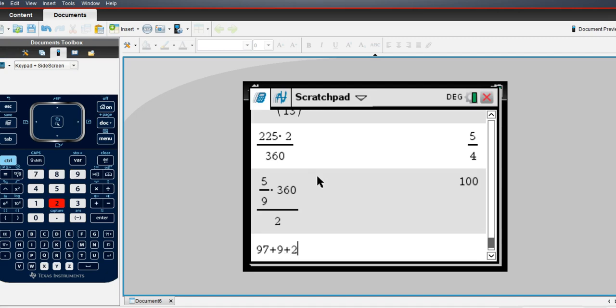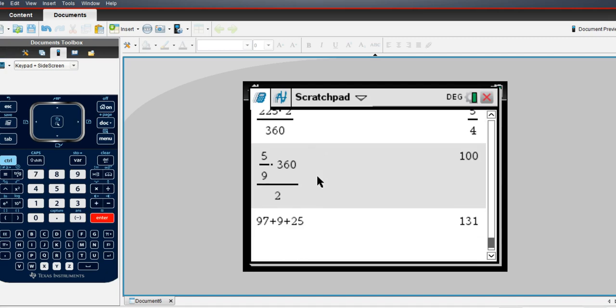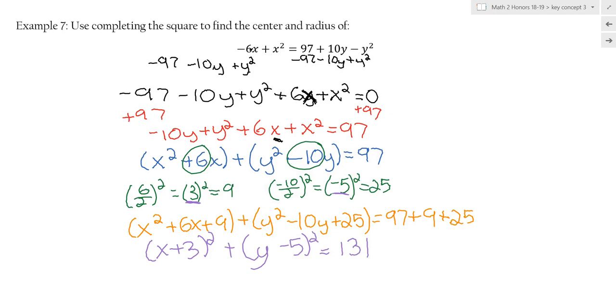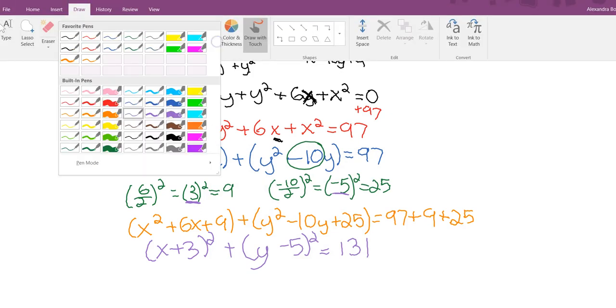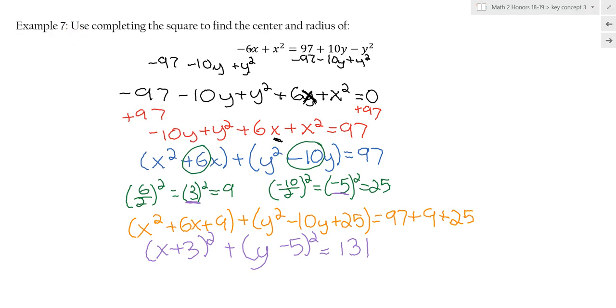97 plus 9 plus 25 is 131. Bad number, that's okay. And then finding our center and our radius. Center, -3, -5. Radius squared equals 131. Take the square root.